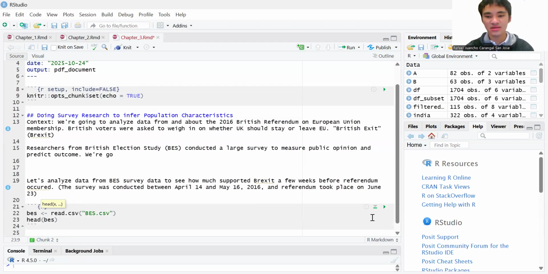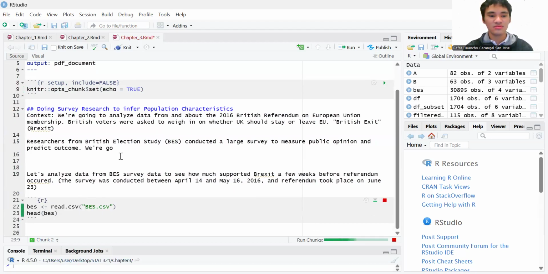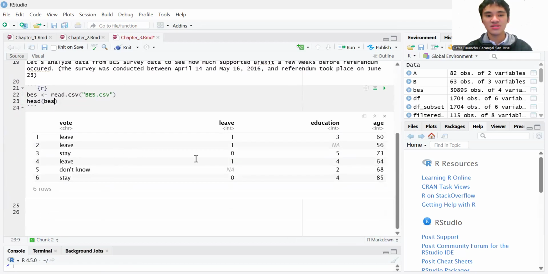Let's see what that looks like. Here we can see 6 observations because I just did head, and four variables, mainly vote, leave, education, and age. So this person voted leave, leave, leave, stay, don't know, stay, leave.